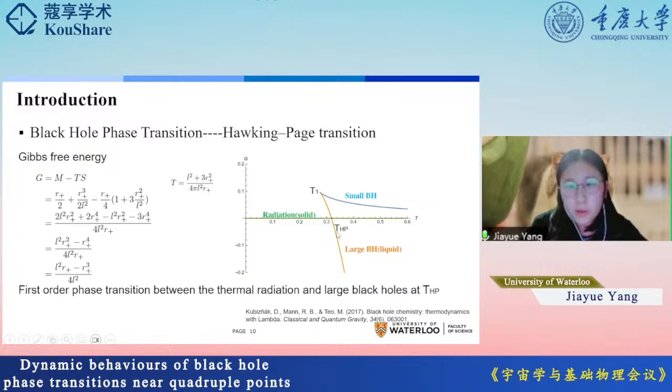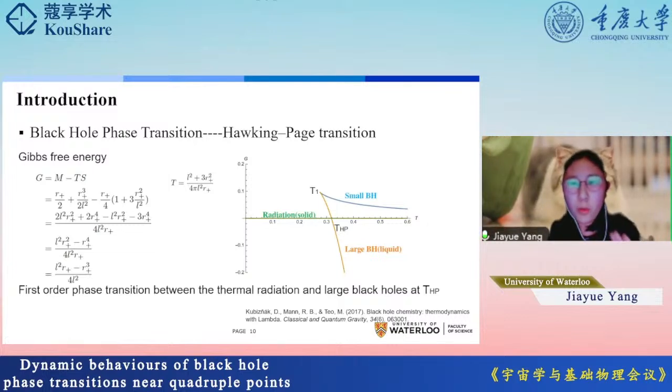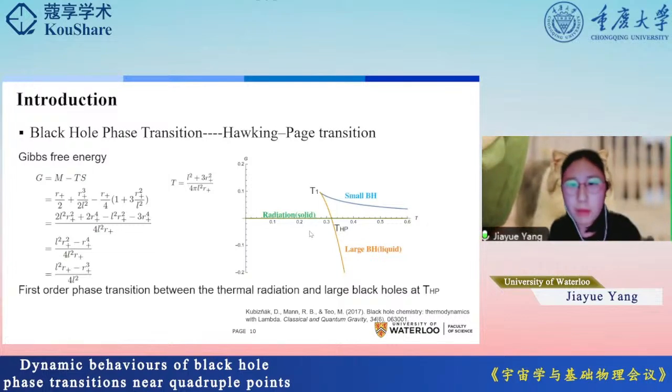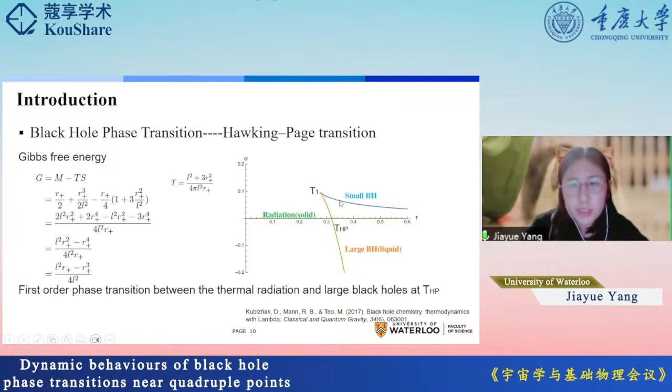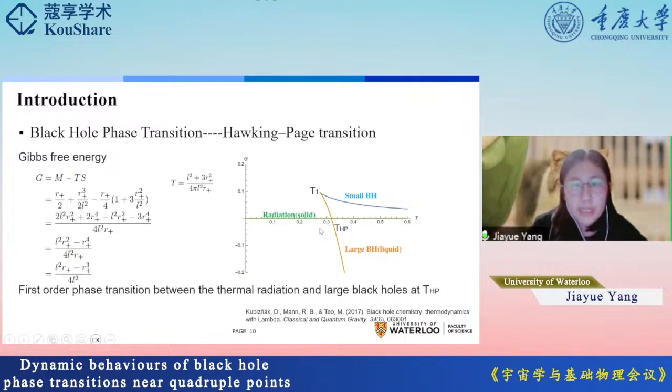This means that after this Hawking-Page temperature, our black hole system becomes radiation. So there exists a first order phase transition between the large black hole and the radiation. And the small black hole always has a very high Gibbs free energy, so it is not a stable state. So this is the basic idea of the Hawking-Page transition.